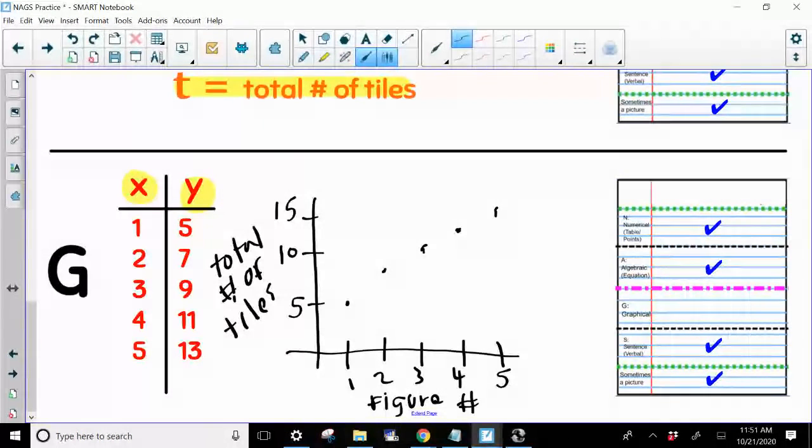It doesn't look perfect, but it gives you an idea of what this graph is going to look like. And we're going to label this as tiles. Always got to have a title. You always need to label your x and y axis. And then we are done.